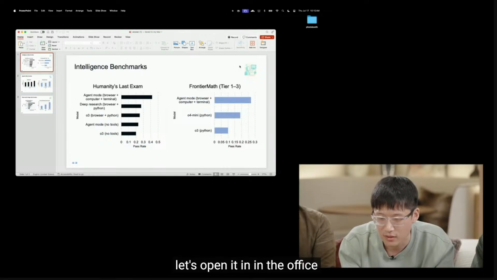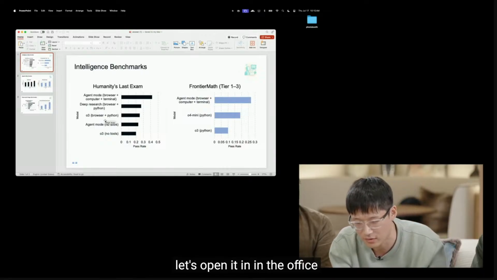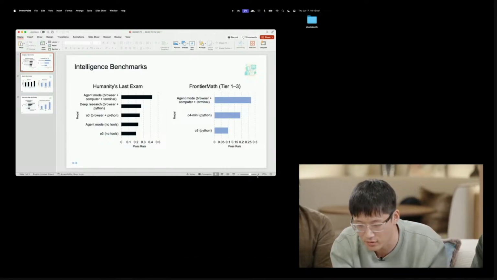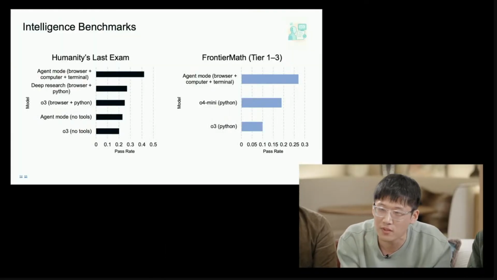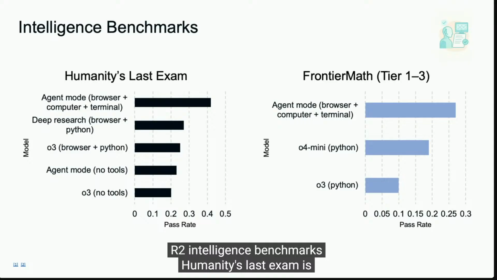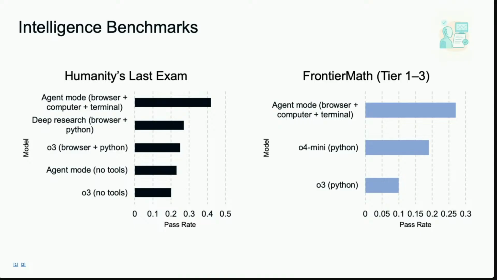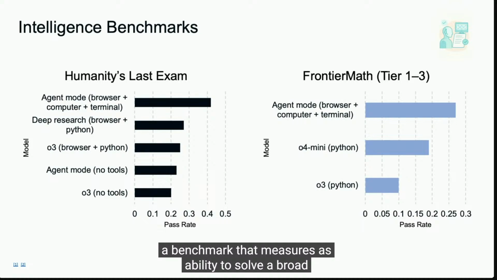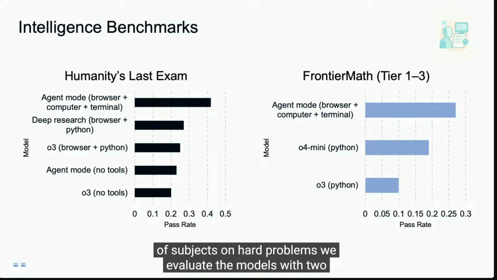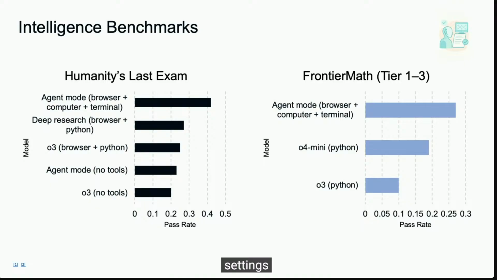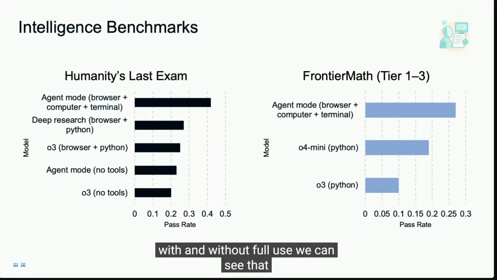Let's open it in the Office. So let's present the slides the model just generated. First are two intelligence benchmarks. Humanity's Last Exam is a benchmark that measures AI's ability to solve a broad range of subjects on hard problems. We evaluate the models with two settings, with and without tool use.